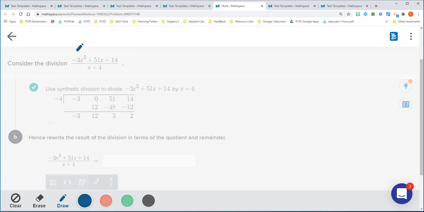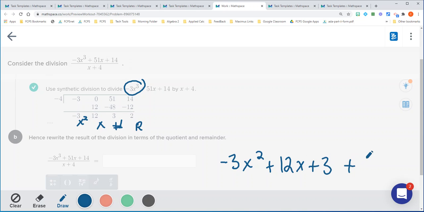Okay, so it was cubic, so now it's quadratic. All right, so we are going to write it minus 3x squared plus 12x plus 3 plus the remainder.